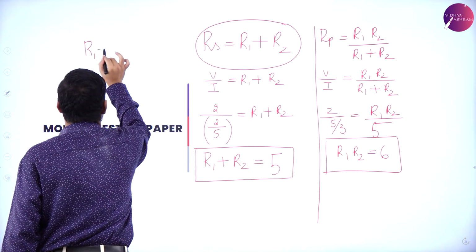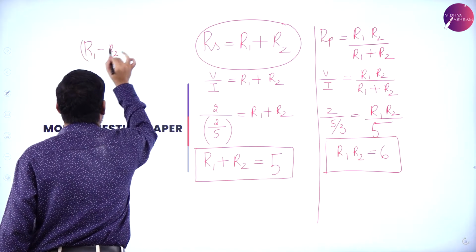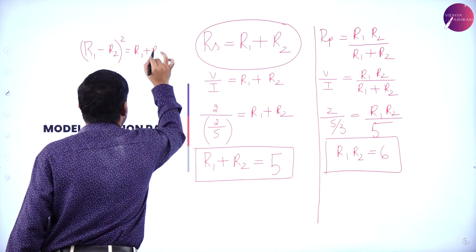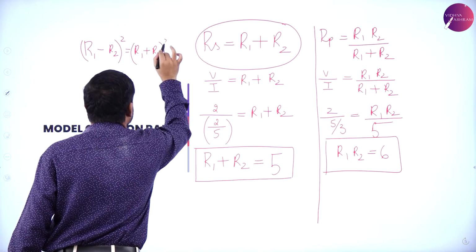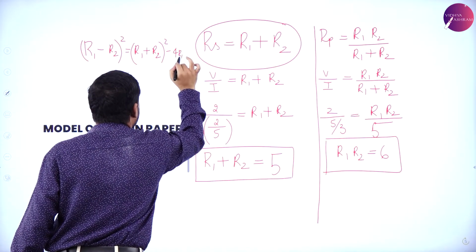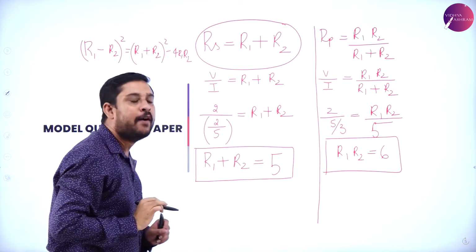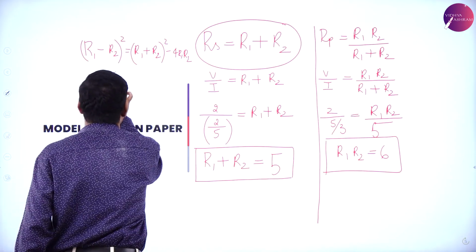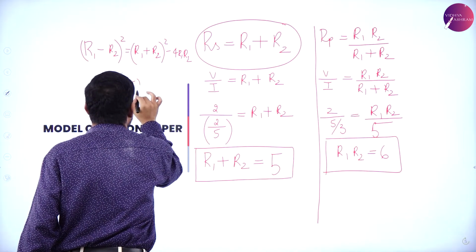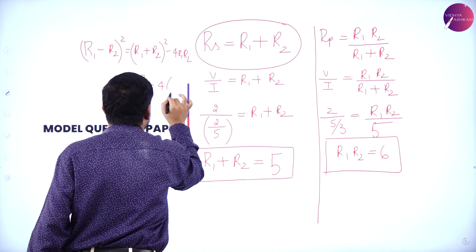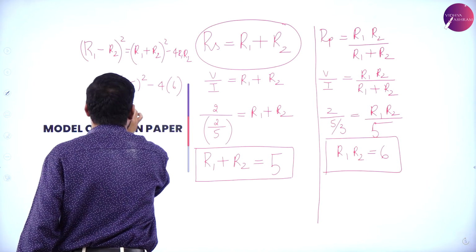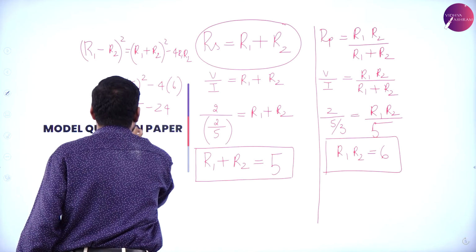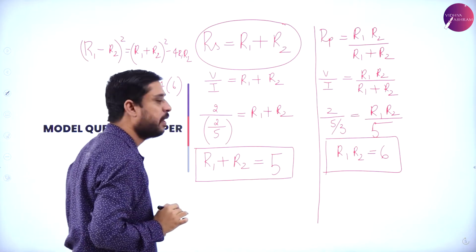So R1 minus R2 whole square is R1 plus R2 whole square minus 4 R1 R2, which is called the equation of biquadratics. So this is 5 square, or this is 25 minus 24, which is equal to 1.